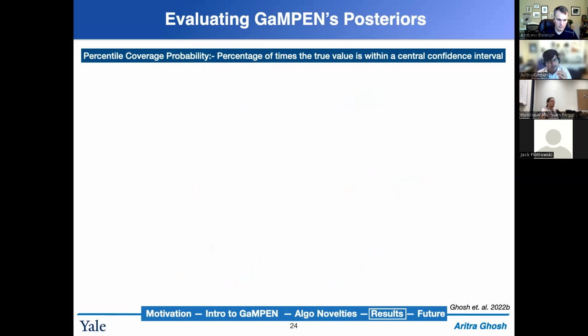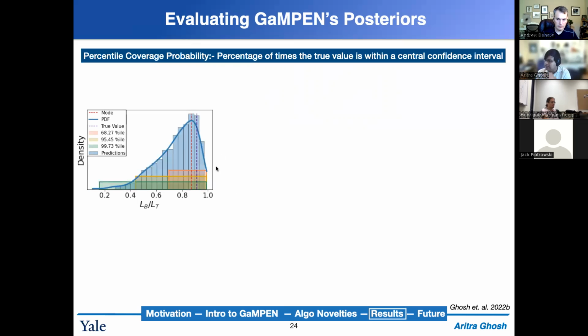Essentially, I'm looking at the percentage of times the true value is within a central confidence interval of the predicted distribution. Let's say this is a distribution that I predicted. If this is the central 68% confidence interval, then 68% of the time, the true value should be within this most probable 68% confidence interval.